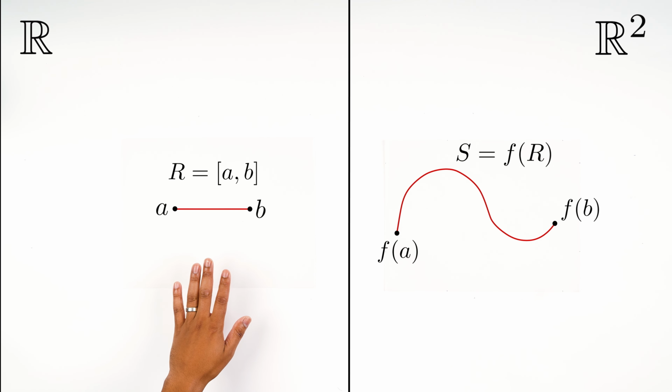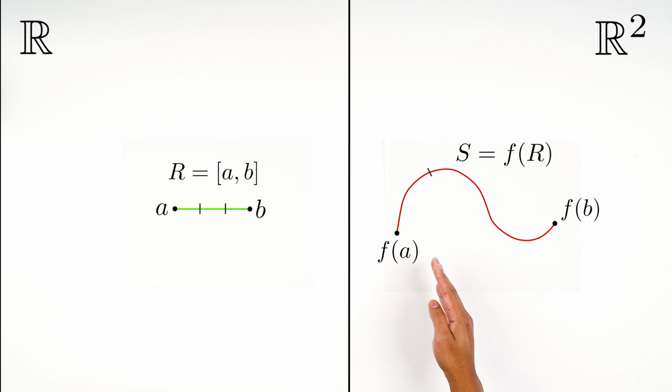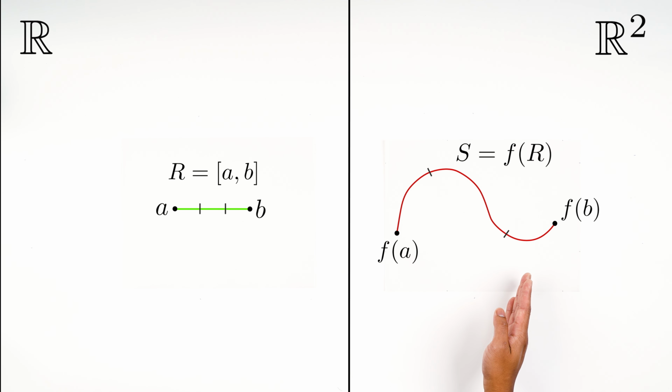Each of these pieces in the domain correspond to segments on the curve in the codomain. For each segment, we will place one rectangle to cover it. The size of the rectangle will be chosen to be as small as possible.